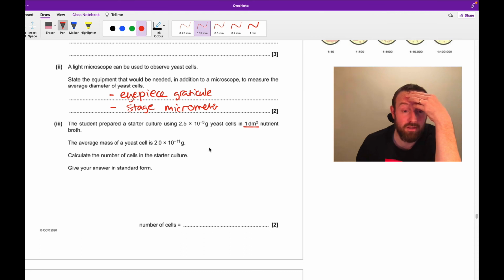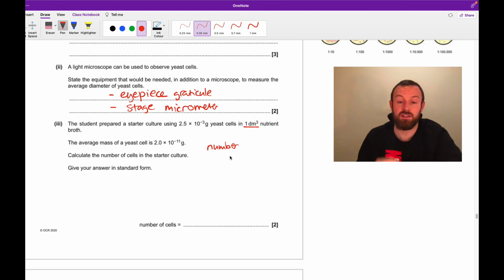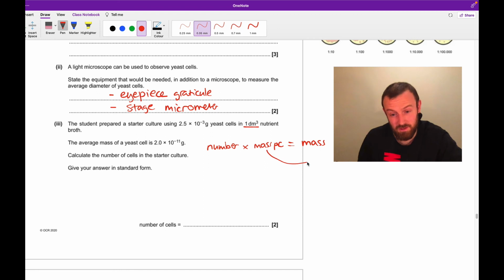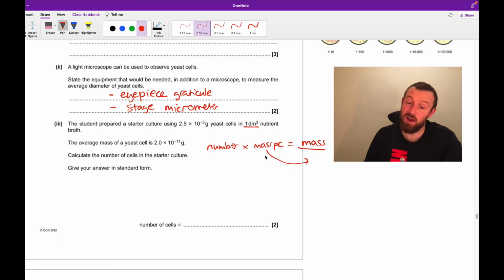We could write it this way. So number of yeast cells times the mass per cell, mass PC, is equal to the mass. Yeah. So how would we work out the number? Well, we do the mass divided by the mass per cell. That makes sense. So we move that over here, divide it. So number is equal to the mass divided by the mass per cell.